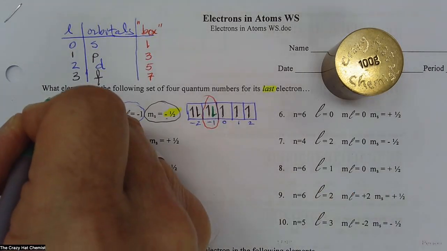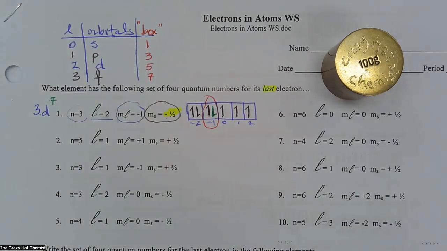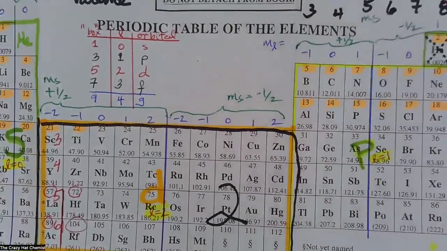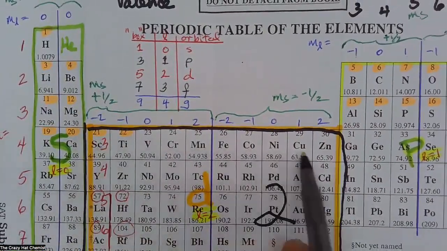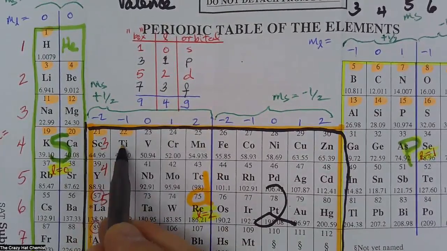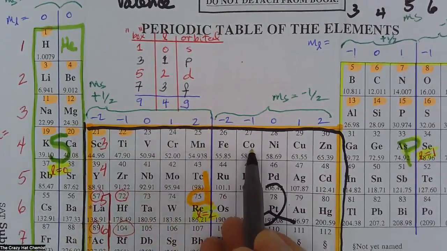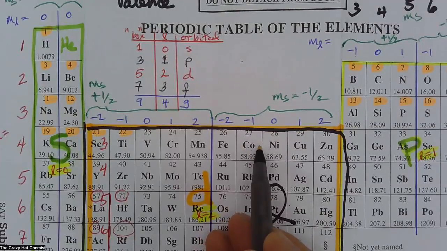So this is 3d7. I'm going to look on my periodic table and find an element that ends in 3d7. Here's my periodic table, and this is the 3d, and then it's 3d 1, 2, 3, 4, 5, 6, and 7. So it's actually going to be cobalt.